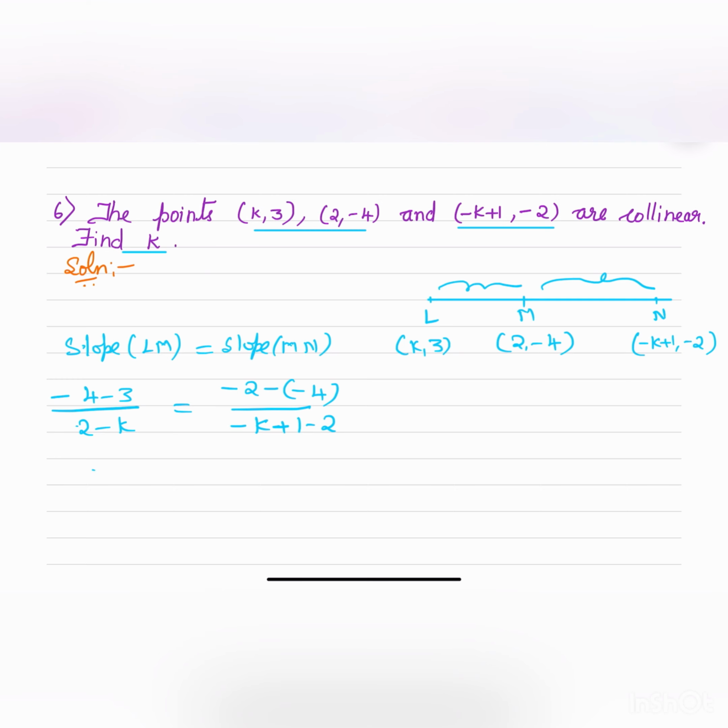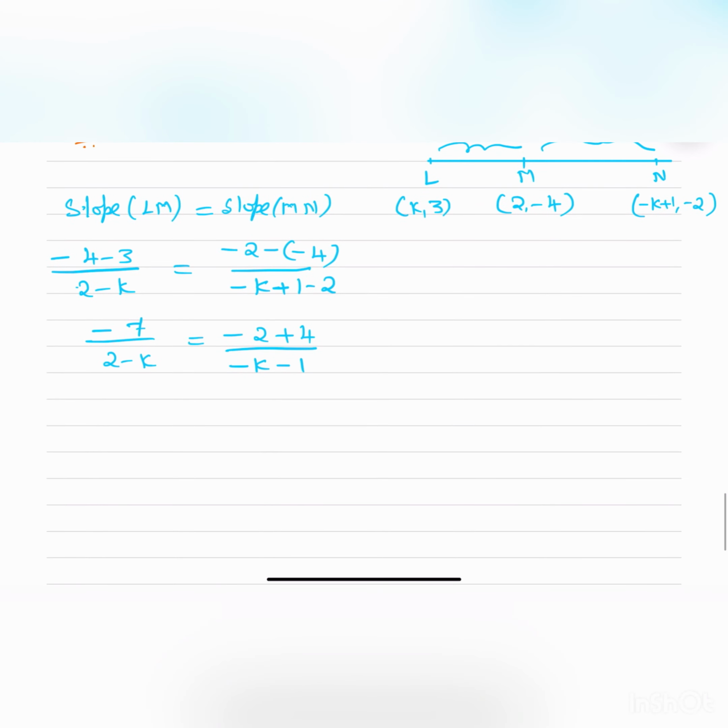Next, let us simplify this. This will be -7/(2 - k) is equal to (-2 + 4)/(-k - 1). So -7/(2 - k) is equal to 2/(-k - 1).